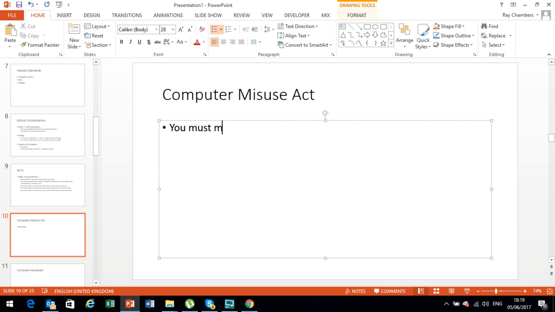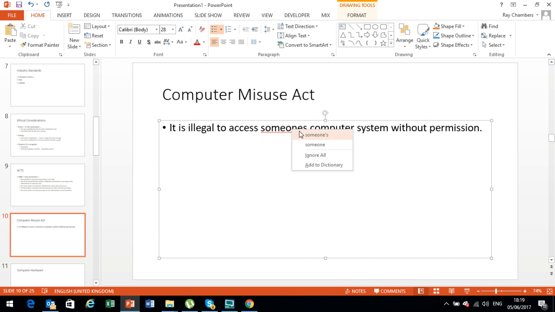The first act that you can break is that it is illegal to access someone's computer system without permission.